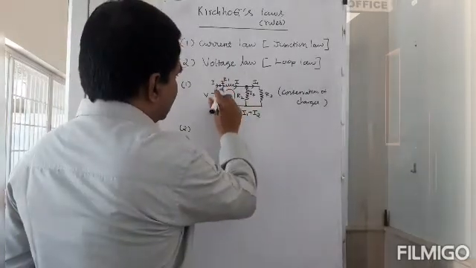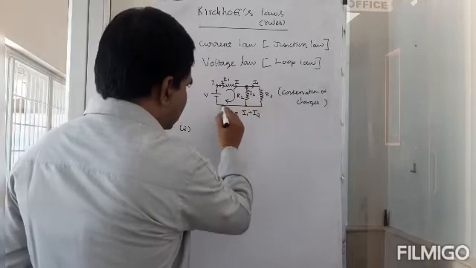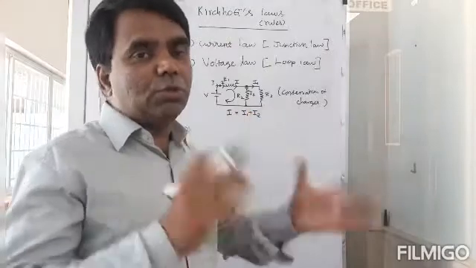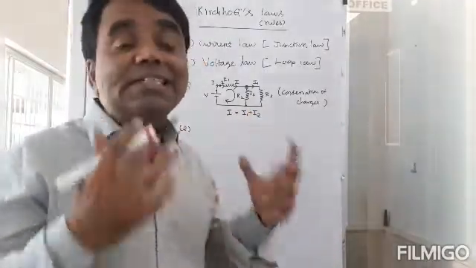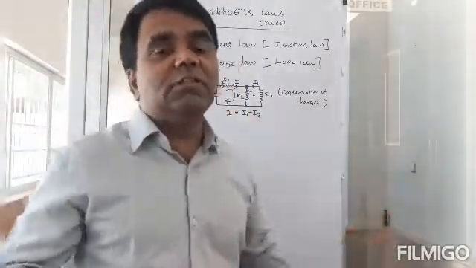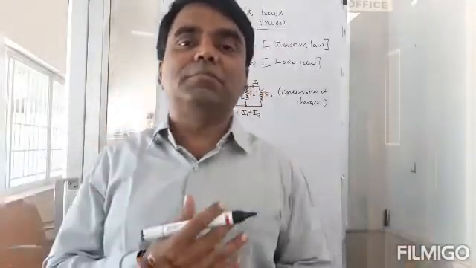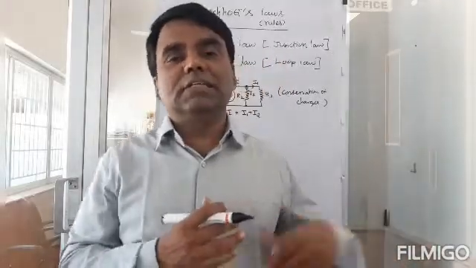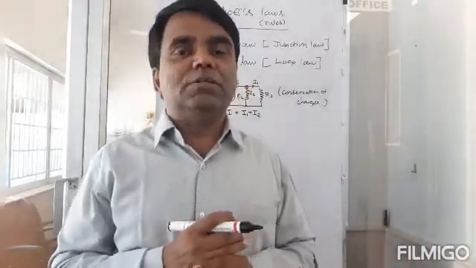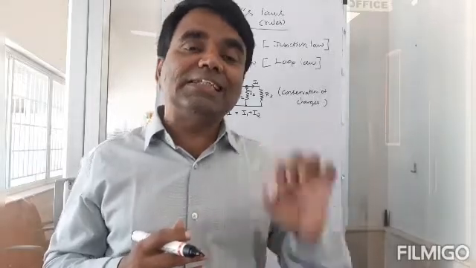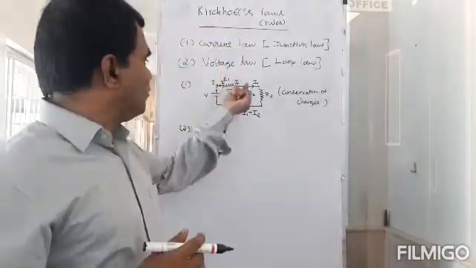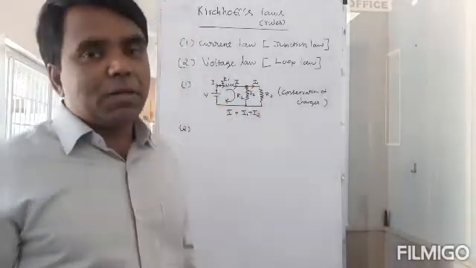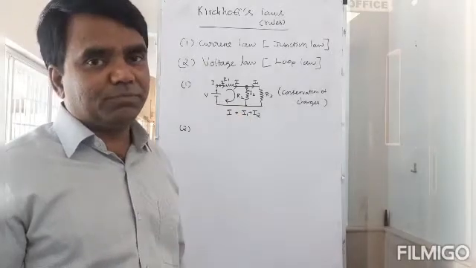I can come back like this, or I can even come back like this to the same point. So in a closed loop, in the algebraic sum, there will be plus voltages, also minus voltages, positive voltage drops and also negative voltage drops. Okay. So the algebraic sum of all the voltage drops in a closed loop must be equal to 0.